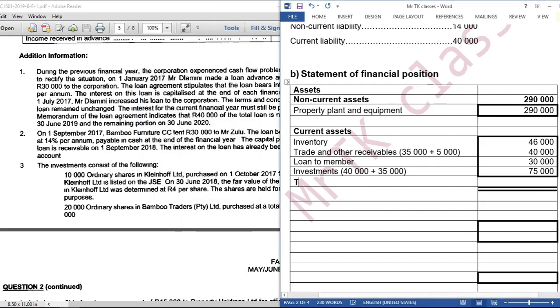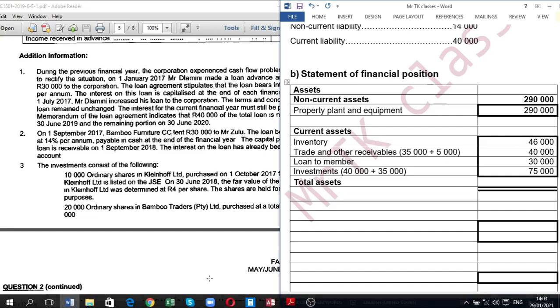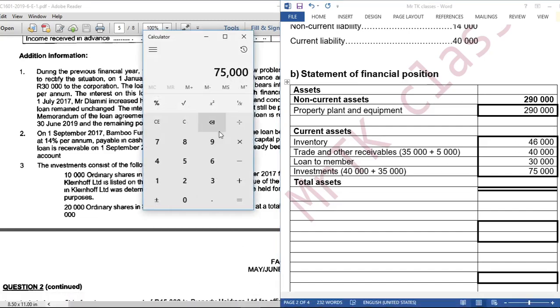Then now we are saying total assets. We need to calculate our current assets first. We are going to say 46,000 plus 40,000 plus 30,000 plus 75,000.